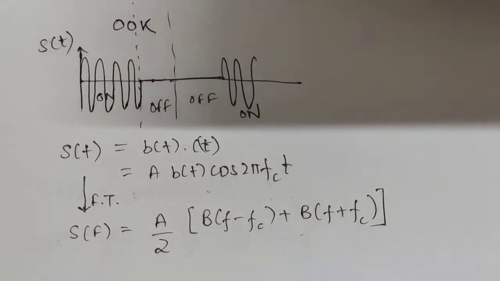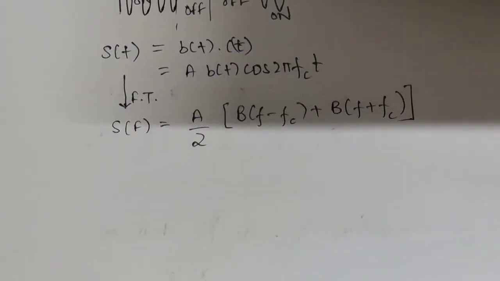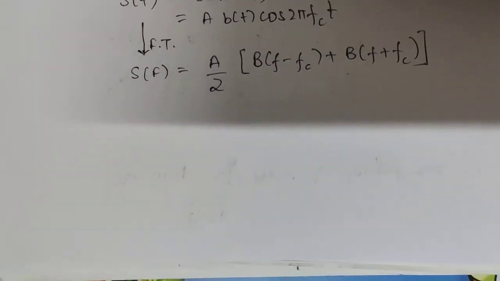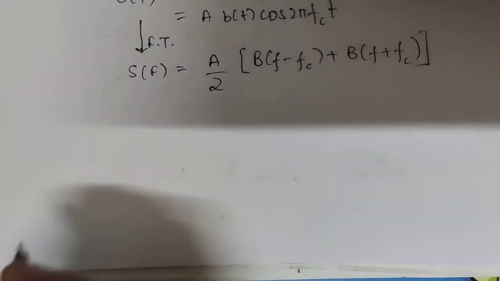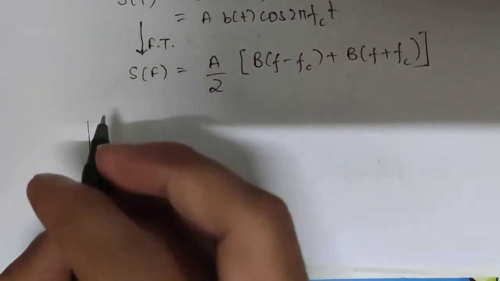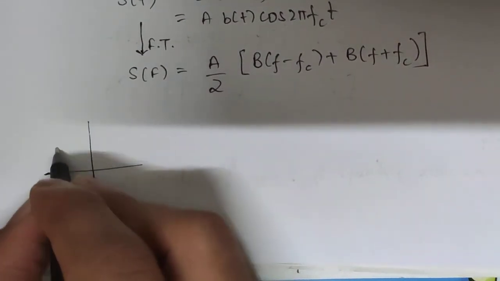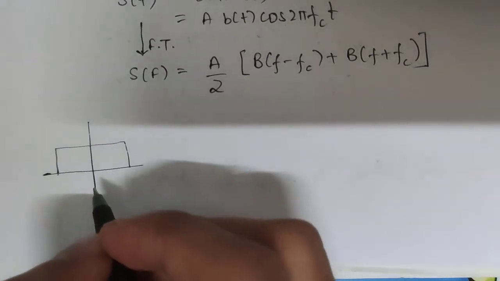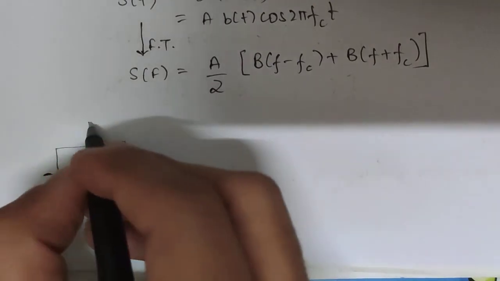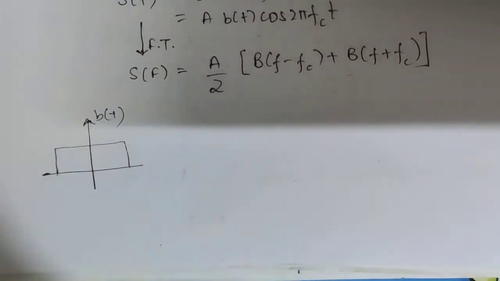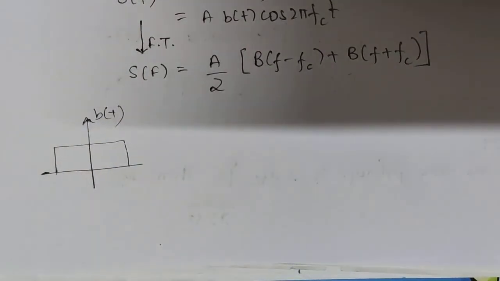Before analyzing this equation, we'll show you something here that will be quite helpful to analyze this equation. See this carefully. I have my binary data and I am concentrating only on a 1-bit time period, just 1 bit.